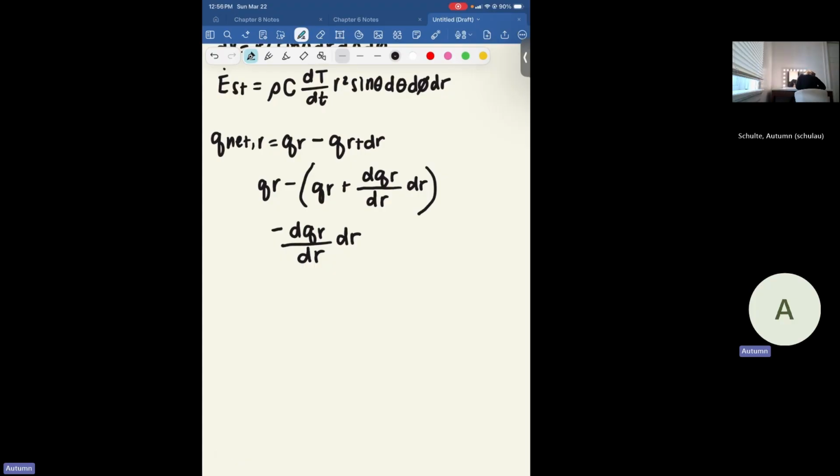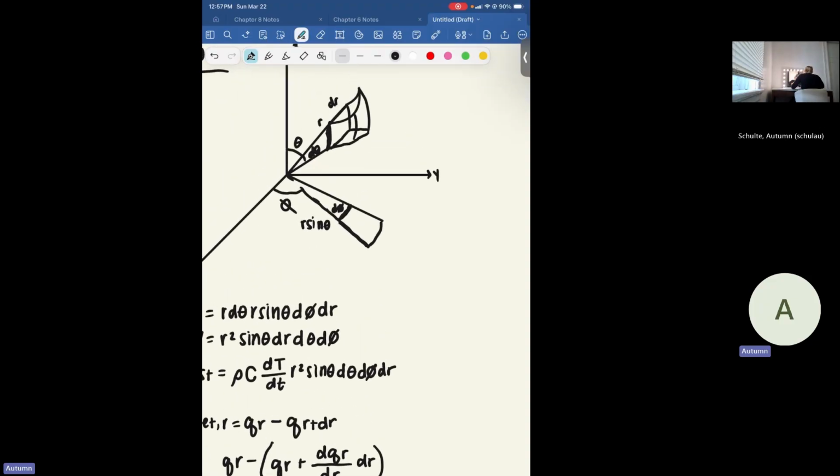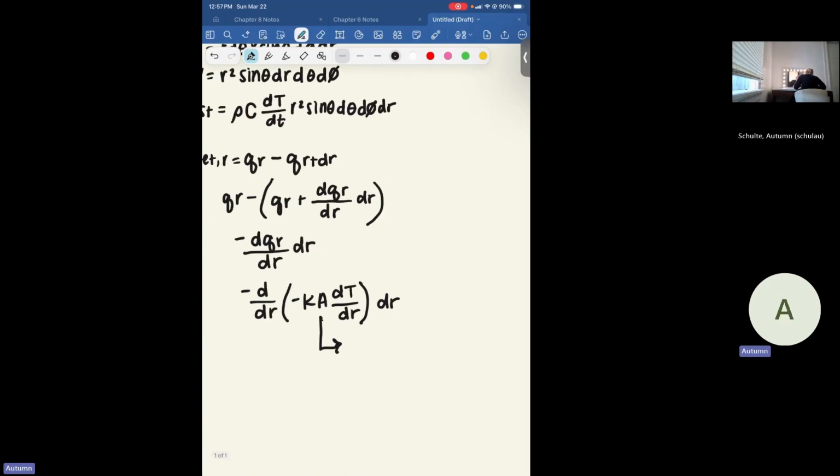So it's going to be negative the derivative with respect to r multiplied by negative the thermal conductivity multiplied by the area multiplied by the change in temperature with respect to r times dr. And our area in the radial direction is going to be r squared sine theta d theta d phi.